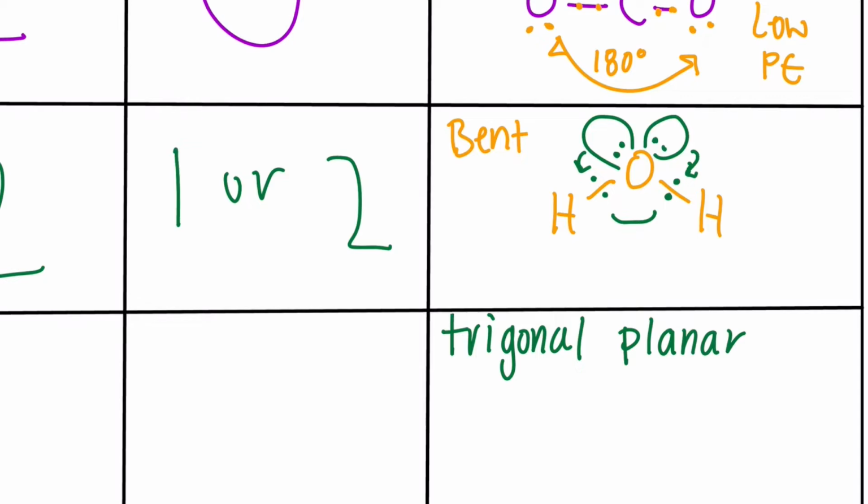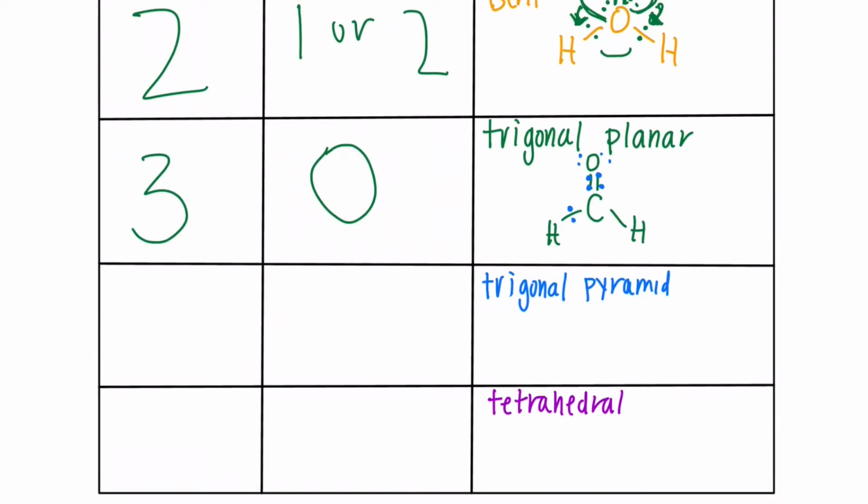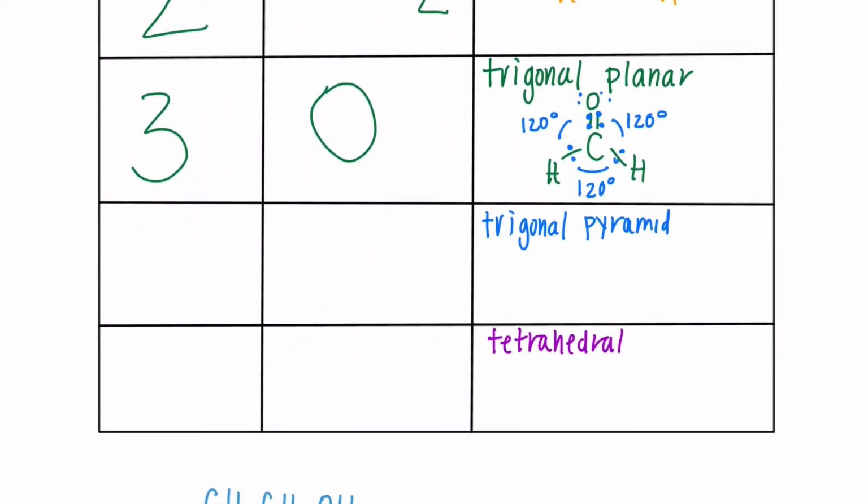Next we have trigonal planar, and I will use formaldehyde as my example, H2CO. Trigonal planar will always have 3 bonding partners, and it will have 0 lone pairs on the central atom. Generally, you see this when you have a carbon as the central atom that makes a double bond and 2 single bonds.